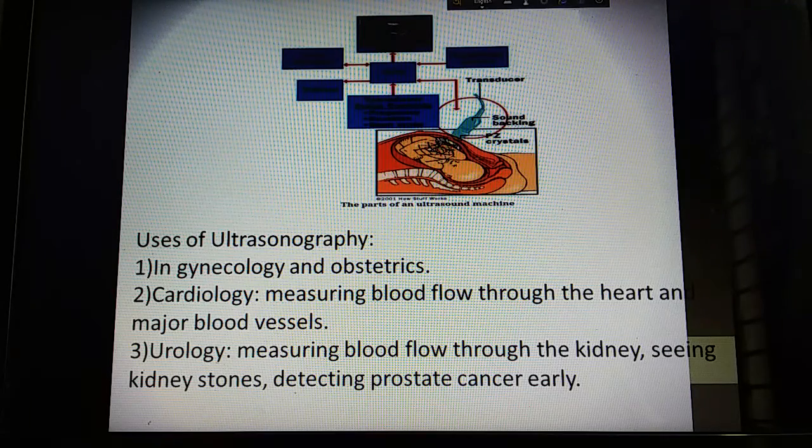And now let's try to know about the uses of ultrasonography.